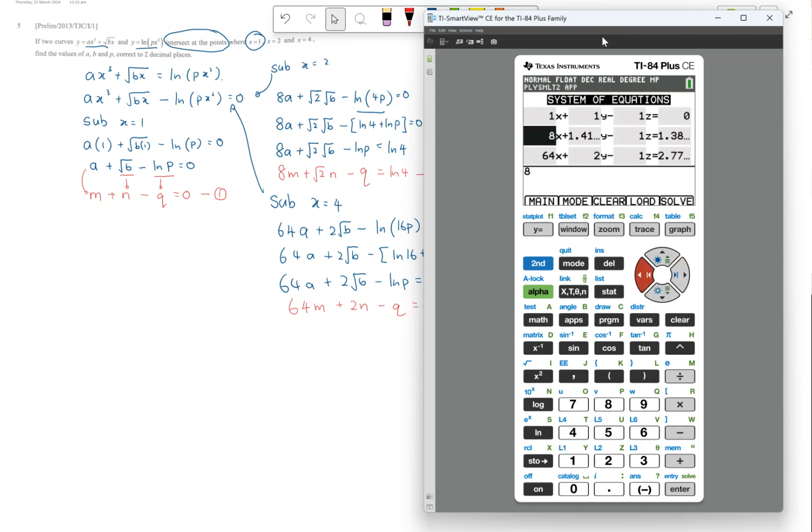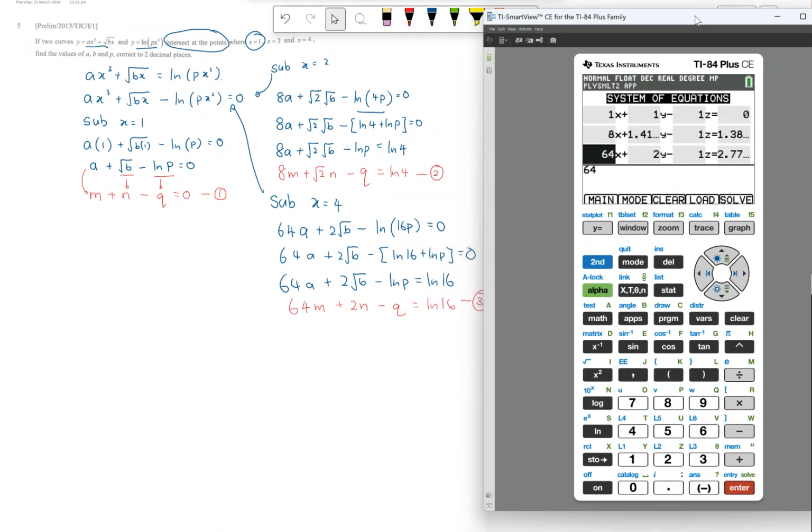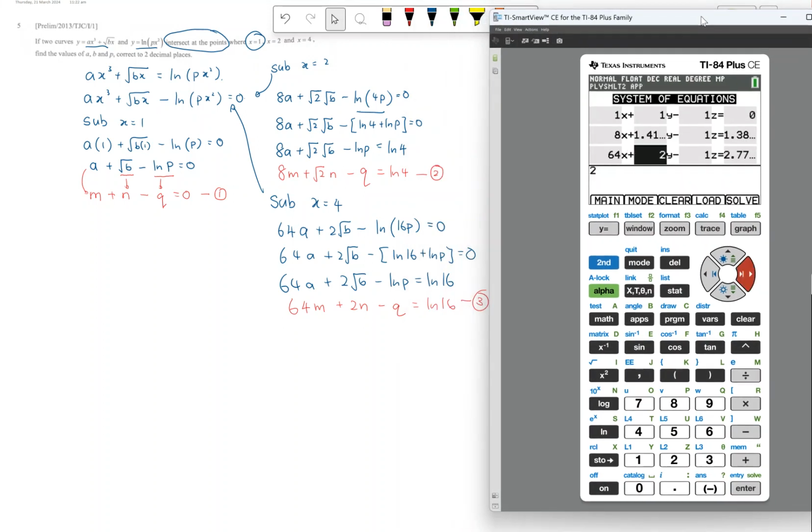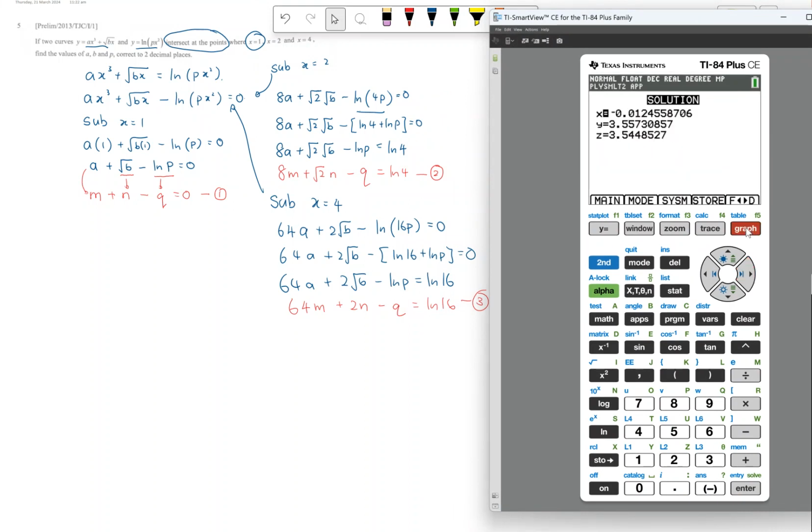Second equation, 8m plus square root 2, so I will just use second function for this root 2 over here, minus q equals, in this case, I'm just going to key in ln 4, and this will give me all the values in the irrational form. The last equation, I will also key in 64m plus 2n minus q equals ln 16. And I press graph, I will get x equals this, y equals this, and z equals this.